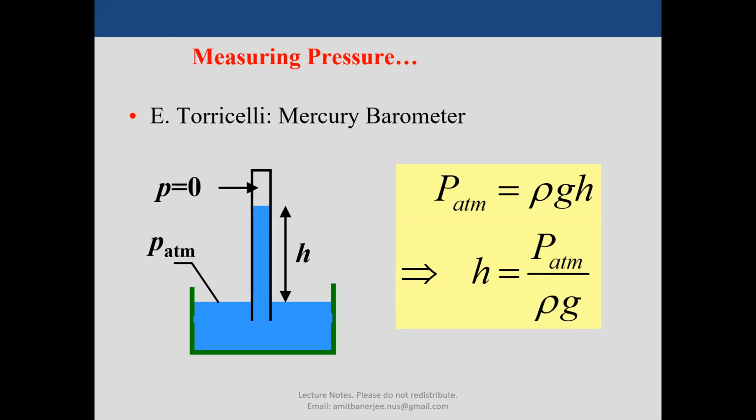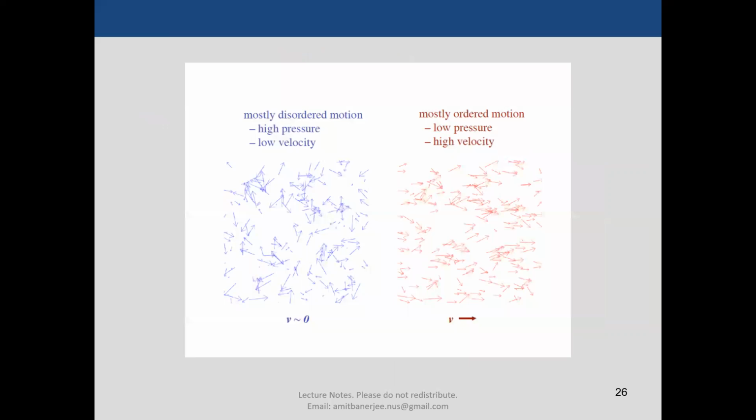The height of the mercury in the tube gives you directly the pressure in that area, if you know the rho and the G, where rho is the density and G is the gravitational constant. You can also relate that most of the disordered motion in liquid comes from high pressure and low velocity, whereas the ordered motion comes from low pressure and high velocity.